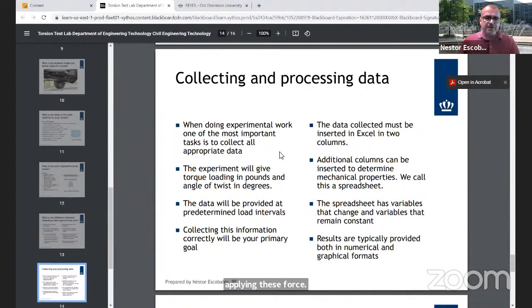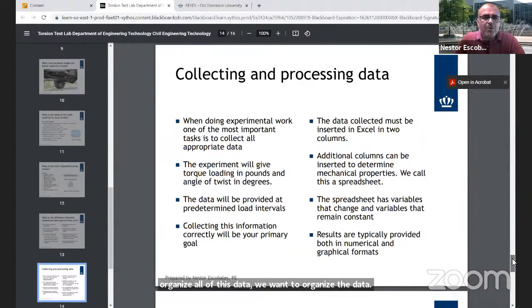We apply this force in a gradual sense, and then let it behave and see how it reacts. We collect this data and prepare an Excel file to organize all of it.